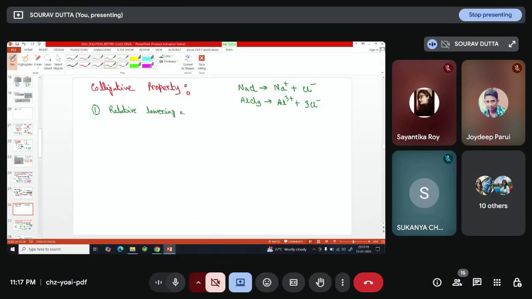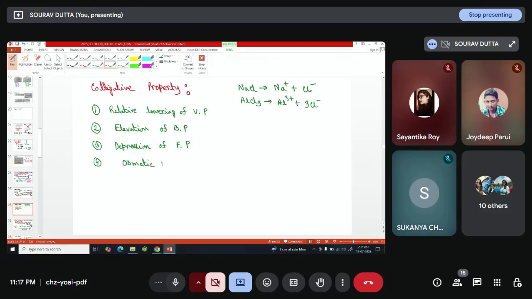The rest 3 are elevation of boiling point, third one depression of freezing point, and last one osmotic pressure.